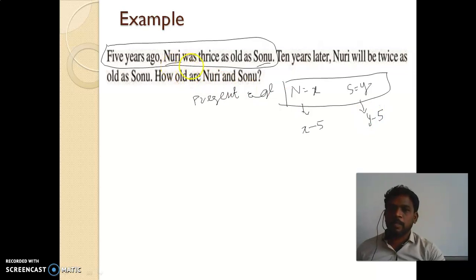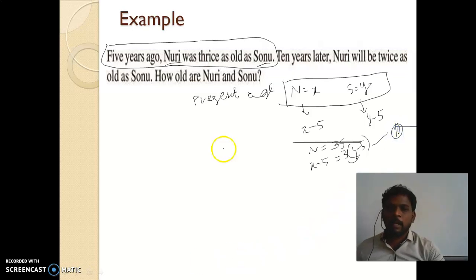Nuri was thrice as old as Sonu, so n equal to 3 times Sonu's age. Nuri's age is x minus 5 equal to 3 into Sonu's age, y minus 5. Again cross multiply and simplify this, and we get equation number 1.